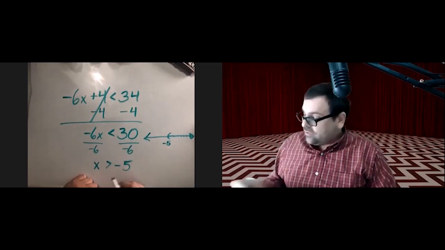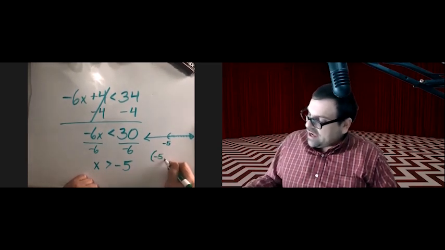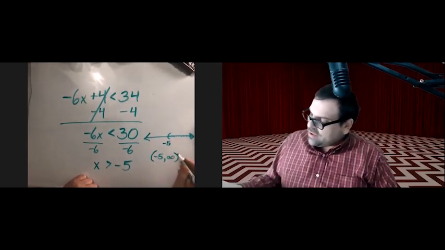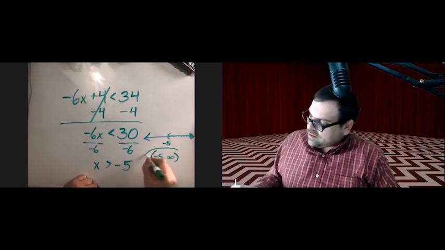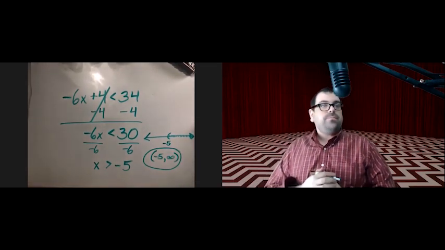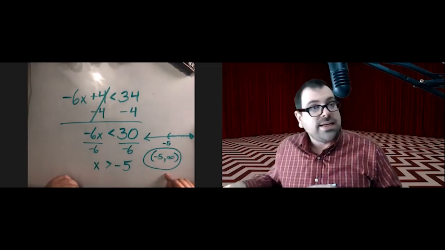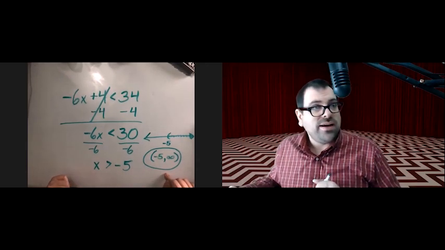Our answer in interval notation, we can see from that, would be a parenthesis at -5, and it goes to infinity. Infinity always takes a parenthesis. So the answer in interval notation is parenthesis, -5, comma, infinity, parenthesis.